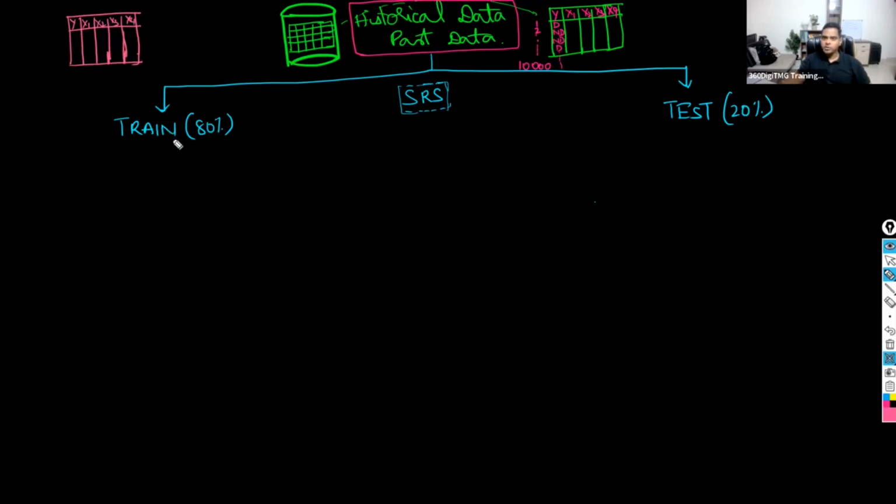Since you have randomly chosen 80% of observations, say you have row number 2, row number 4, 5, 7, 8, and so on. When you count these observations, you get 8,000 observations because 80% of 10,000 is 8,000.